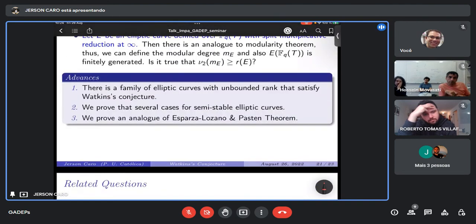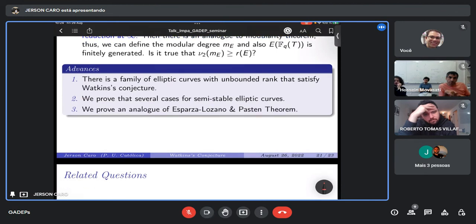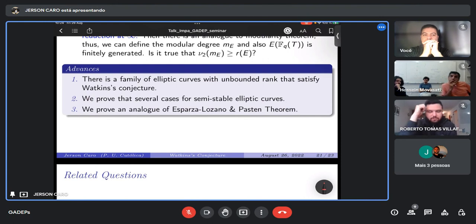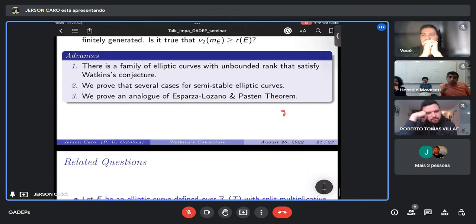And finally, we also gave an analog of the Sparsa-Lozano-Pastel proof. So using quadratic twist, we prove that there exists a constant for the number of divisors of a polynomial, but yeah, we prove an analog of this.